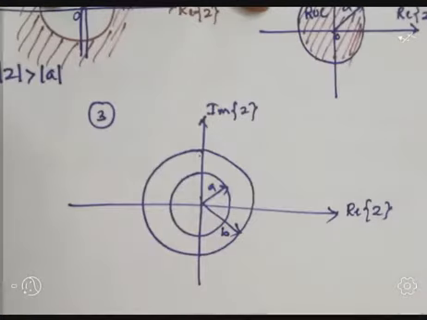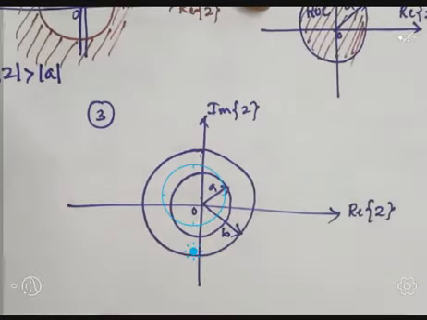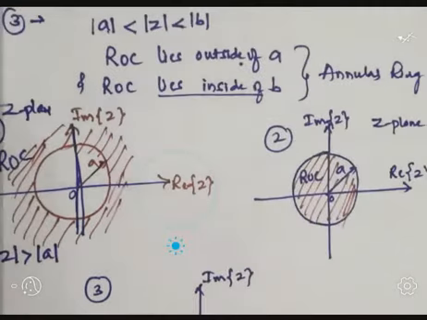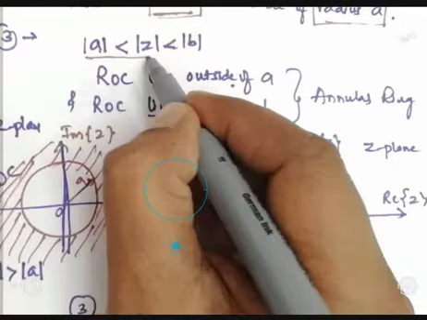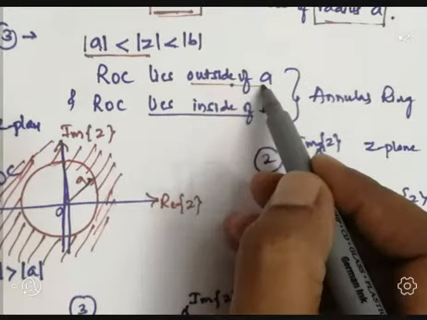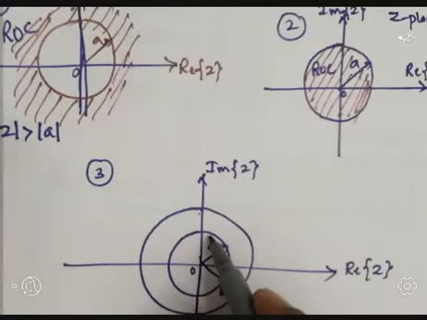So we have two circles. This is our origin. As per our case, observe: mod of z is greater than a, which means ROC lies outside the circle of radius a.